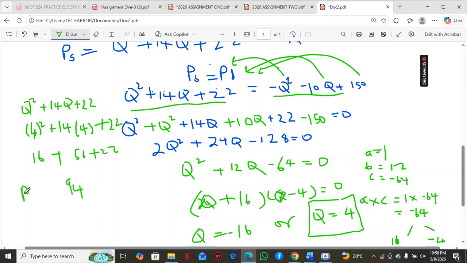So the equilibrium price is 94 kwh. Okay, equilibrium price is 94 kwh.